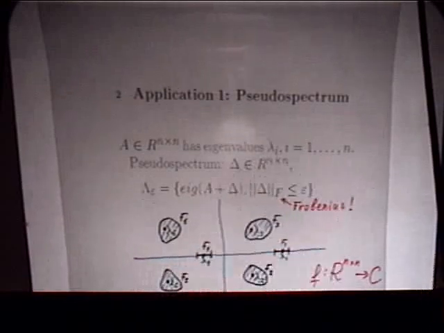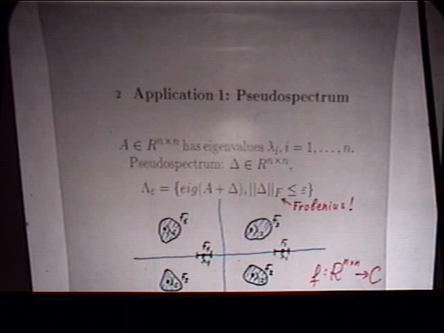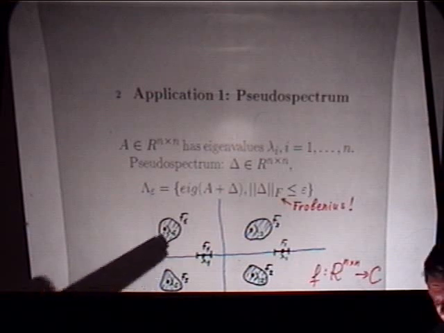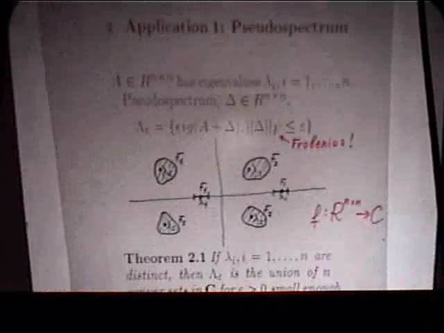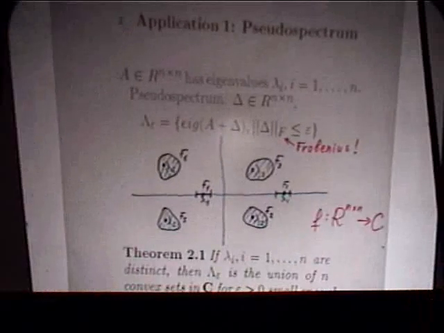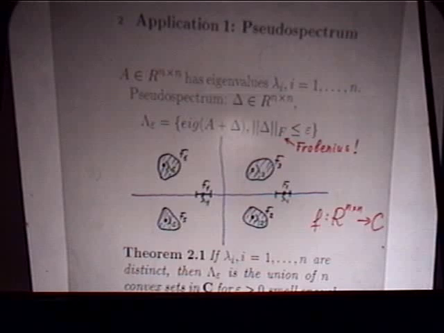So we take all eigenvalues of these perturbed matrices. Then each eigenvalue of our original matrix diffuses to some cloud, and this is a pseudospectrum.